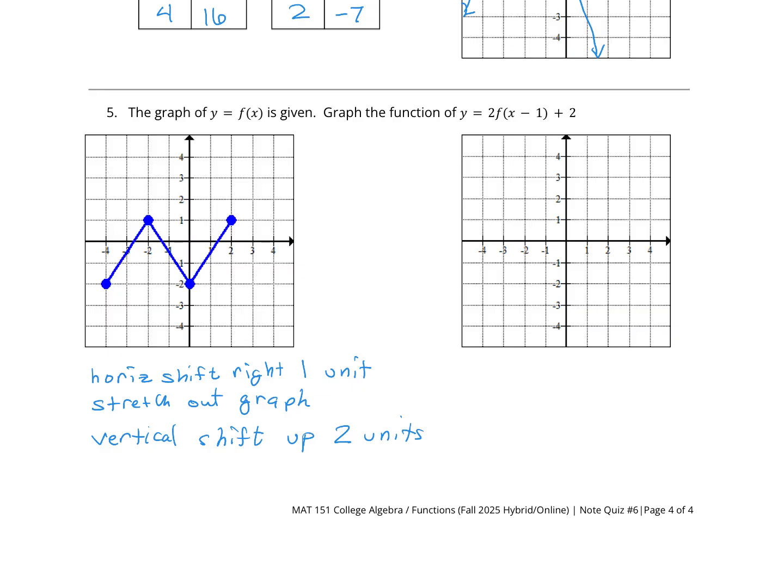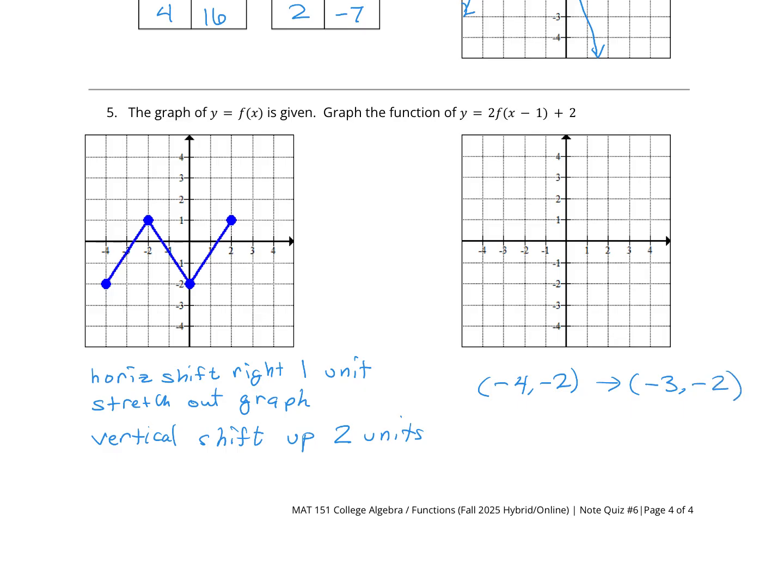First point we encounter is negative 4, comma, negative 2. I'm going to first shift it right 1 unit. So it's now going to be at -3 for the x-coordinate. I'm now going to take that -2 and multiply it by 2 to get -4. But then I'm going to add 2 to it to get -2.